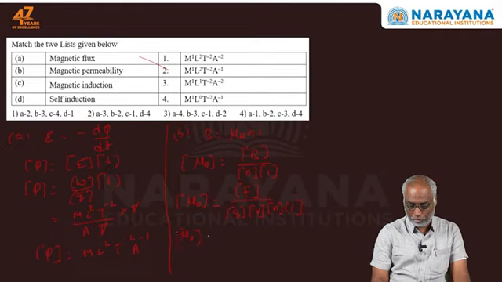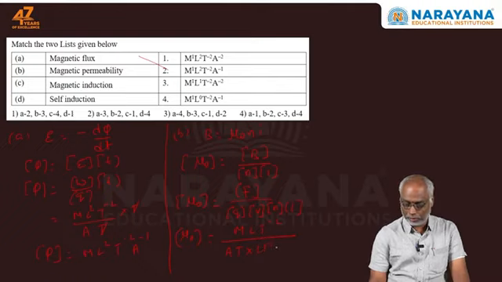So the dimensional formula for mu naught will be equal to: force is nothing but M L T power minus 2, charge is nothing but A T, velocity is nothing but L T power minus 1, N, number of turns per length, is nothing but L to the power of minus 1, and current is nothing but A.